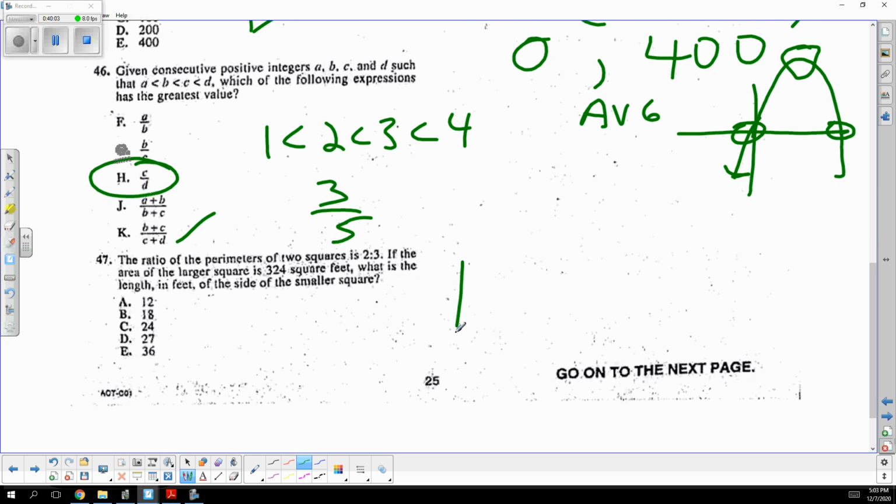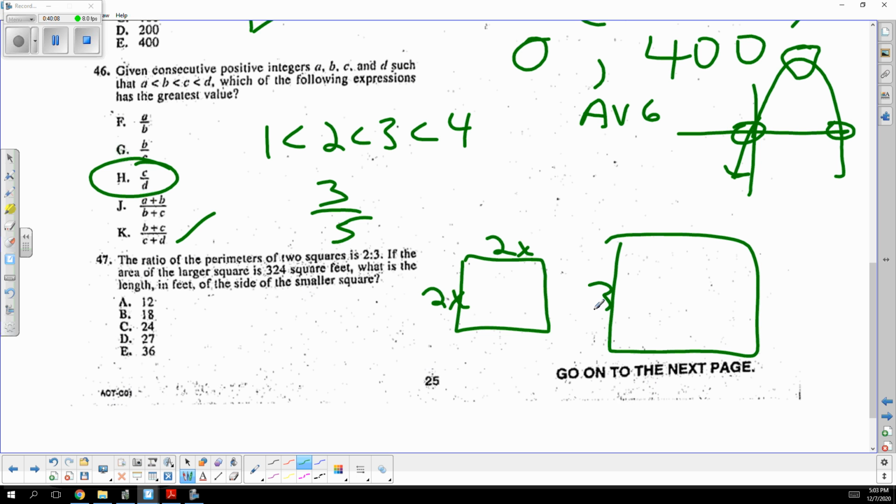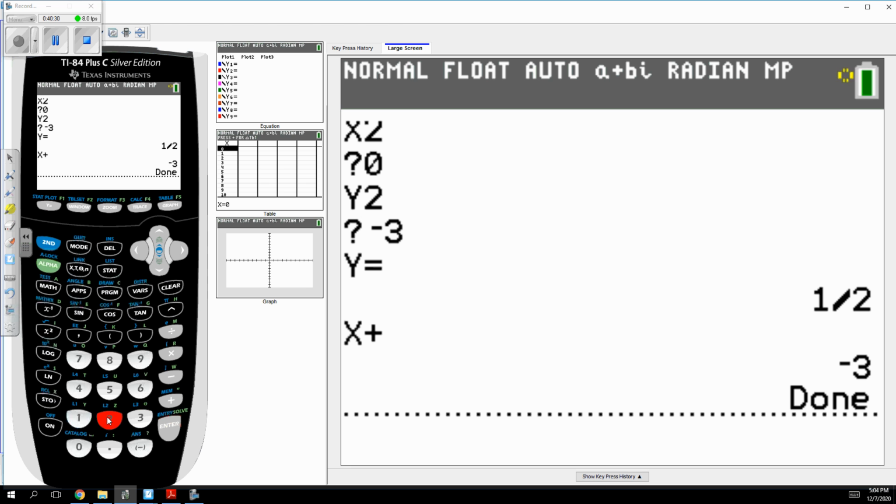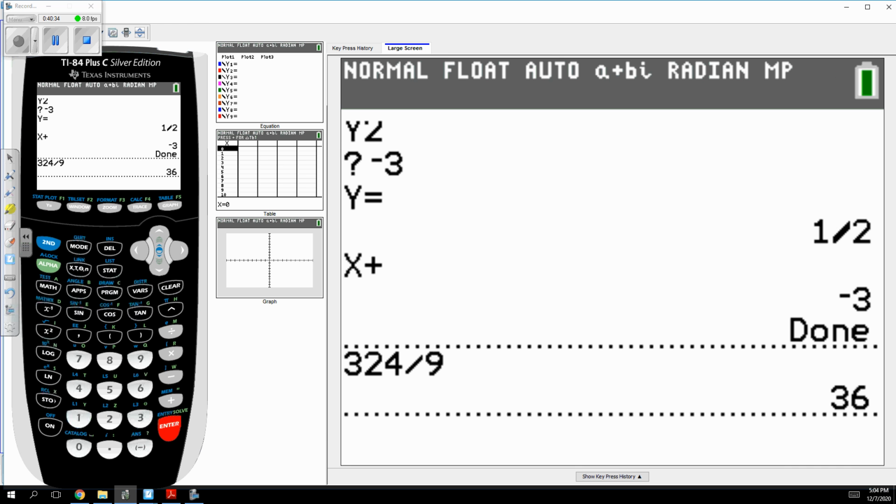47 is going to be the ratio to perimeter, so that's the sides, 2 and 3, are the ratios. So the larger square is 324. Whenever you see the colon, you say 9x squared is 324. What's 324 divided by 9? 36.